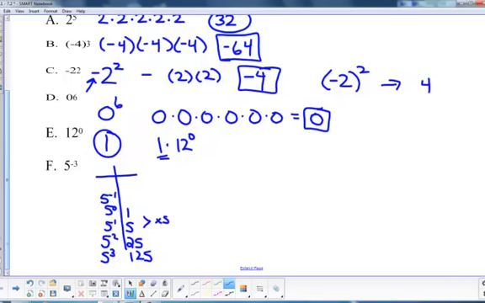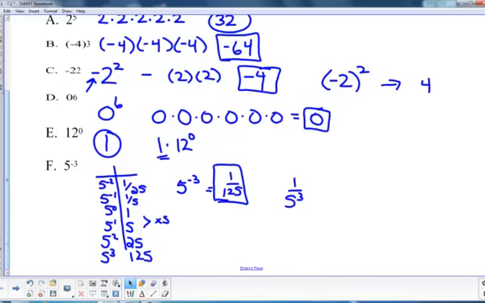So 5 to the -1 is 1/5. 5 to the -2 is 1/25. So 5 to the -3 would be 1 over 125. It's the same thing as 1 over 5 to the +3. You can move an exponent to the opposite side of a fraction, and it will become positive.